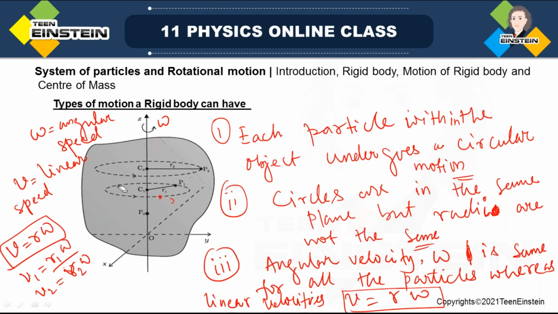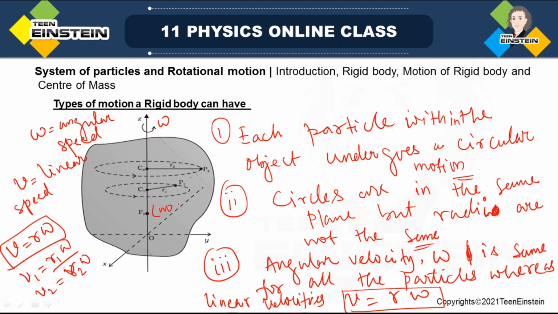Another most important point is that when the axis of rotation, here the z axis, is passing through the object itself, the particles which are on the axis of rotation don't have any motion.